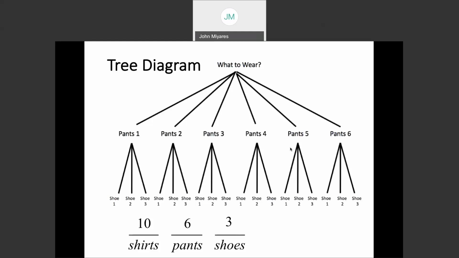So ultimately, we will want to multiply to get those results together to get 10 times 6 times 3, which will give you 180 unique outfits.